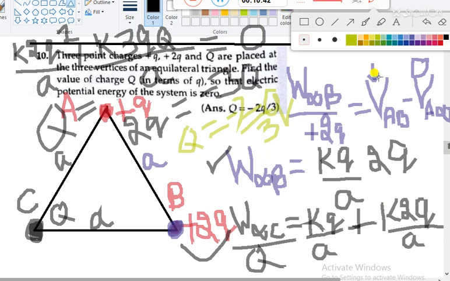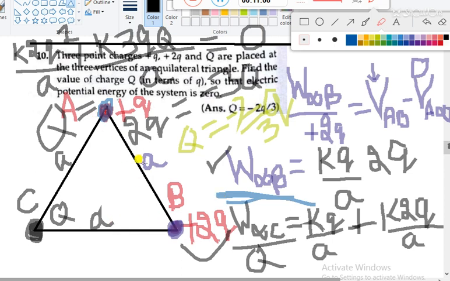I am repeating again that when we take this charge q1, we take only this as the source charge, and consider that we are moving b from infinity, and that work done is this one.